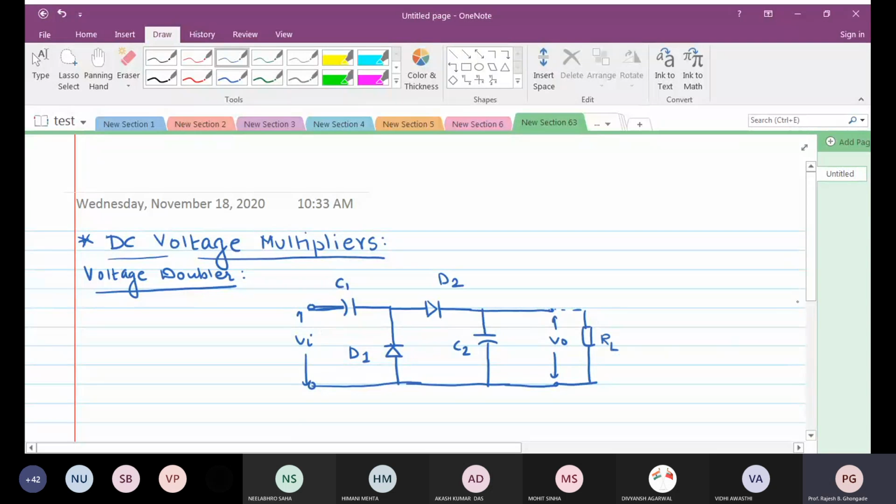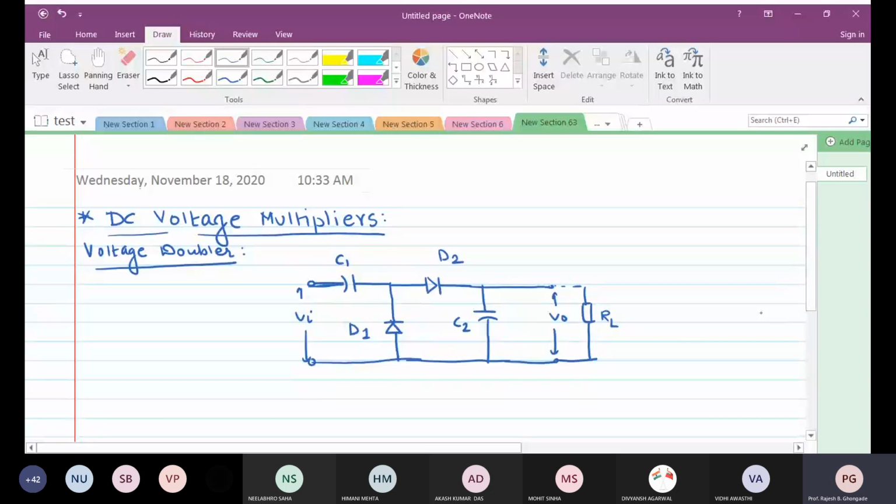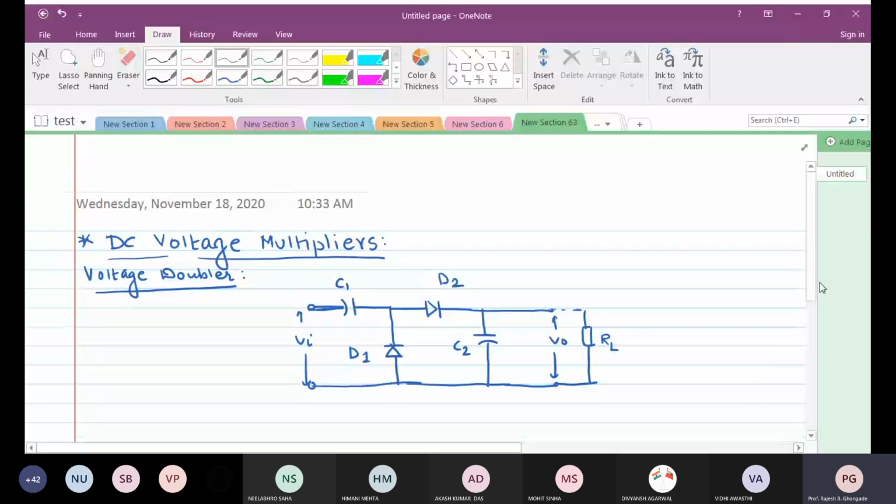Now, first of all, understand one thing, that I am supposed to double the voltage. As the name suggests, the voltage doubles. It simply means that suppose this is the peak value E for any input waveform. Doubler means I should have the output voltage getting double of this. So this should be 2 times. I'm just showing you a random waveform.